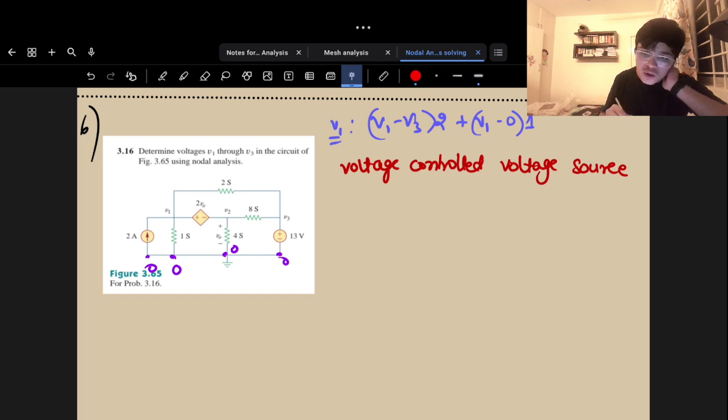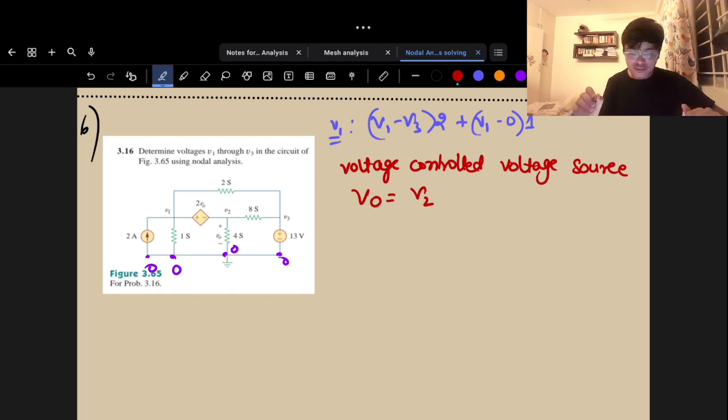Let's find out what this V naught is exactly. You can instantly spot this V naught here. So my V naught is equal to V2 minus 0. My V naught is equal to V2. As simple as that.